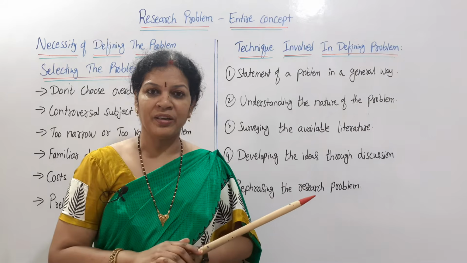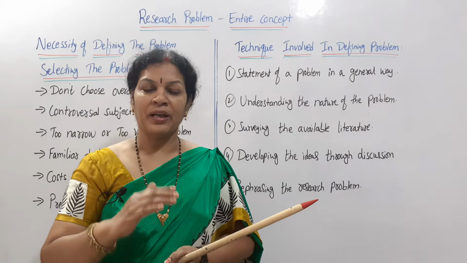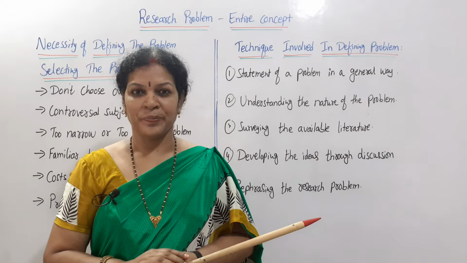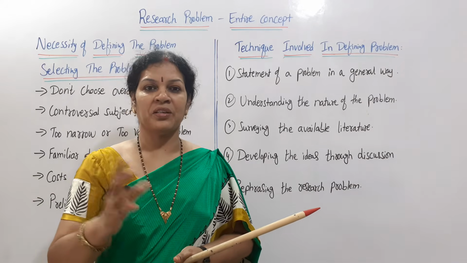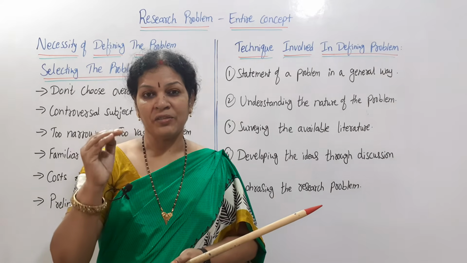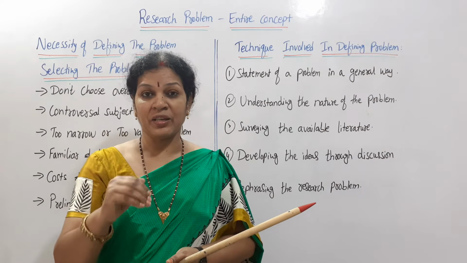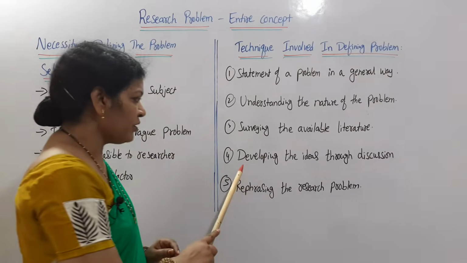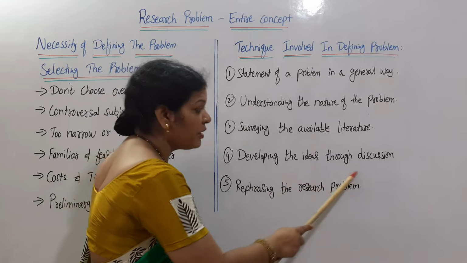When I went for banking, I consulted bank managers directly. I took appointments and discussed with them, and once I got clarity, then I went for the problem. So you first develop the ideas through discussion.